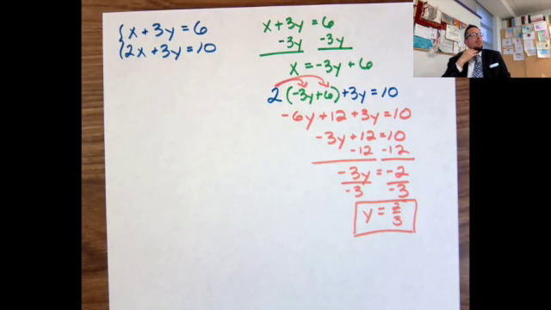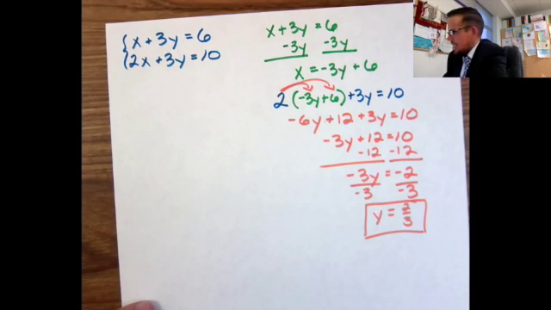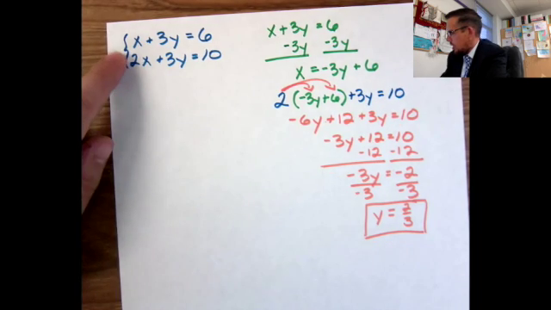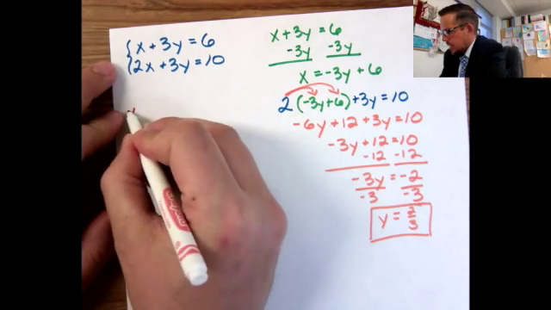I told you it was coming, but even when you see it coming, it still hurts. Still hurts a little bit. So now that I know that y is equal to 2/3, I am going to take this top equation here, x plus 3y equals 6.